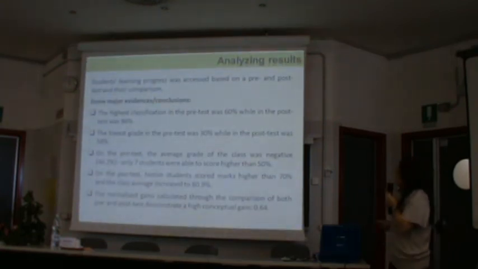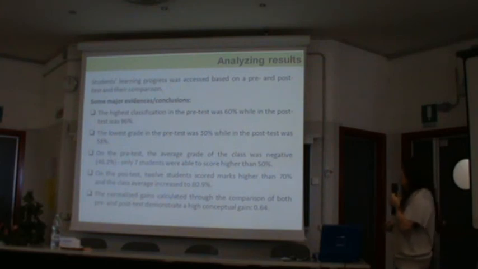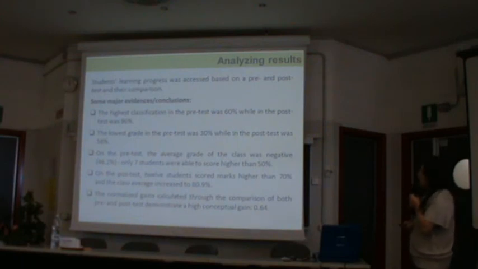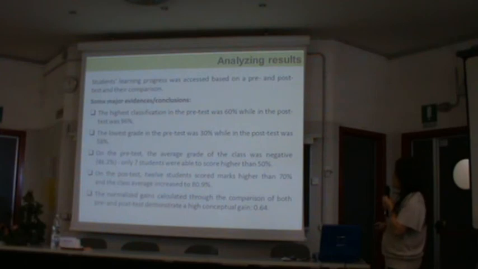The results were analyzed based on 2 tests, one pre-test and one post-test. In fact, the same questions were posed before and after the activity. Some major conclusions were that the highest classification in the pre-test was 60%, while in the post-test it was 96%.